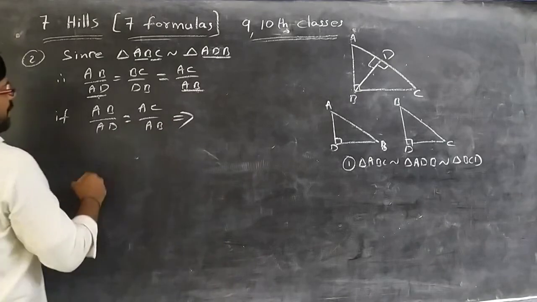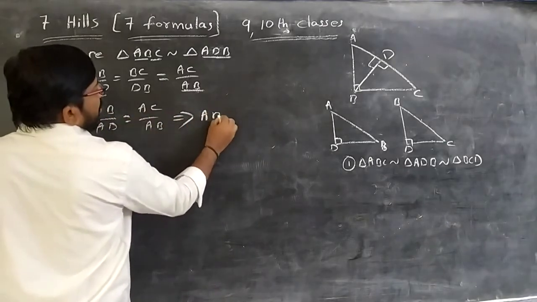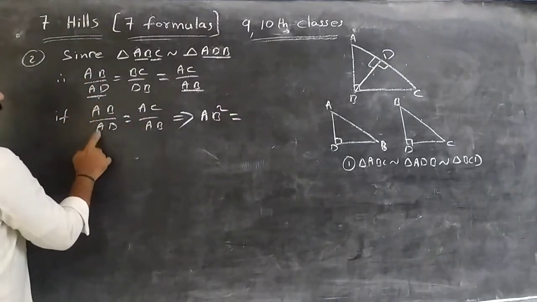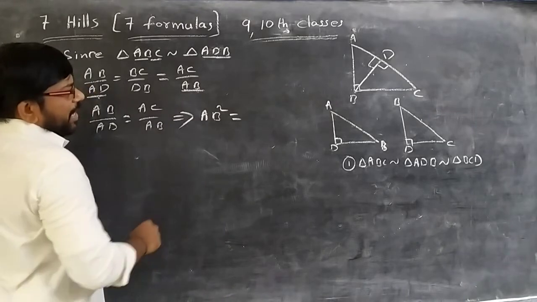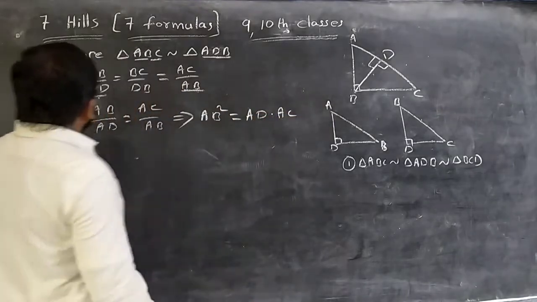That implies, cross multiply, AB into AB, AB square is equal to AD into AC.